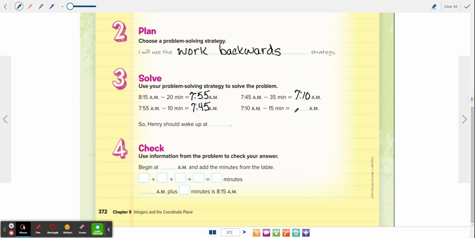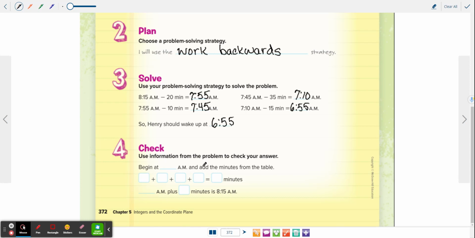So 7:10 minus 15 minutes. 15 minutes would be 7 o'clock. So 5 more minutes would be 6:55. Check, make sure that's right. Yep, that's right. Okay, so Henry should wake up at 6:55.